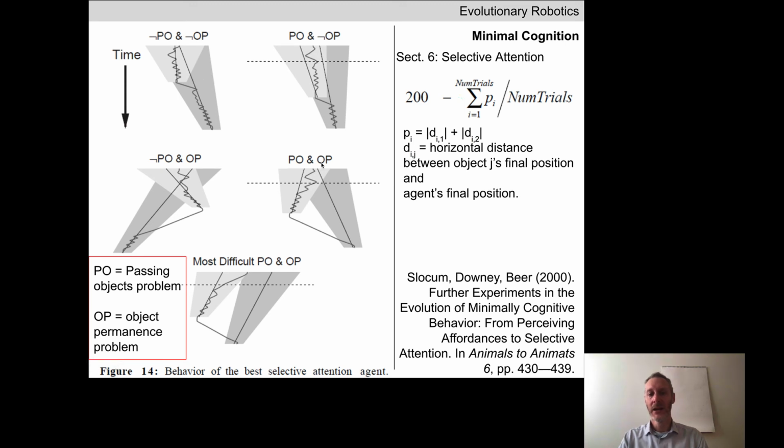All right, let's go to the fourth case. In this case, we've got the passing object problem. The light gray object hits first, but it's initially further away. Here's the dashed horizontal line again, representing when this further but faster object passes this slower but nearer object.